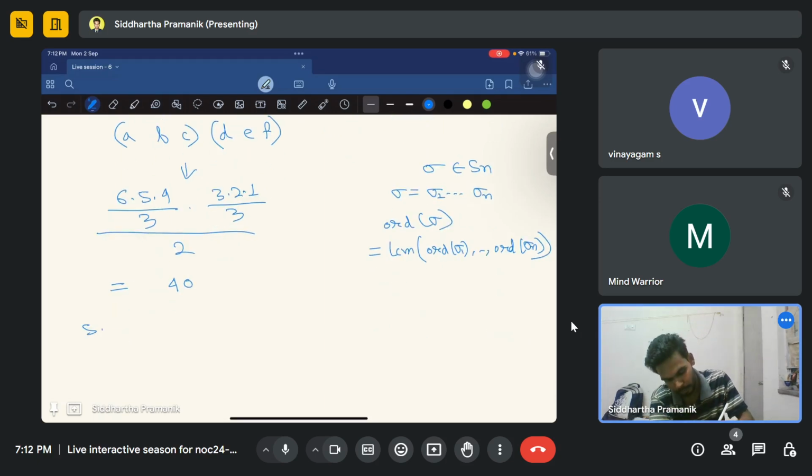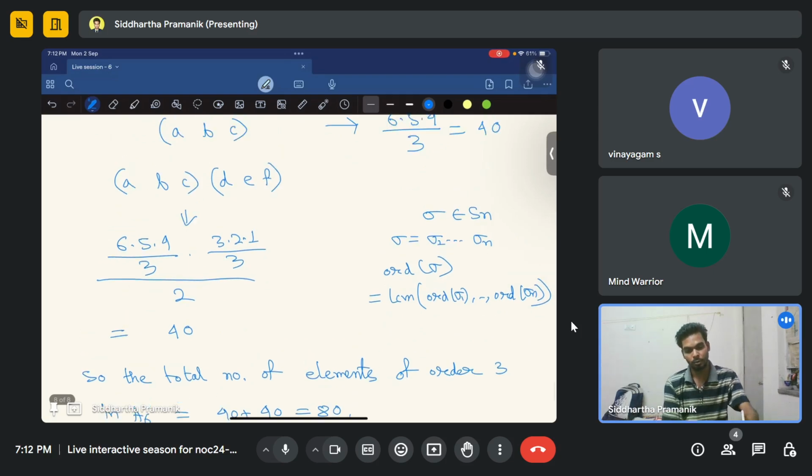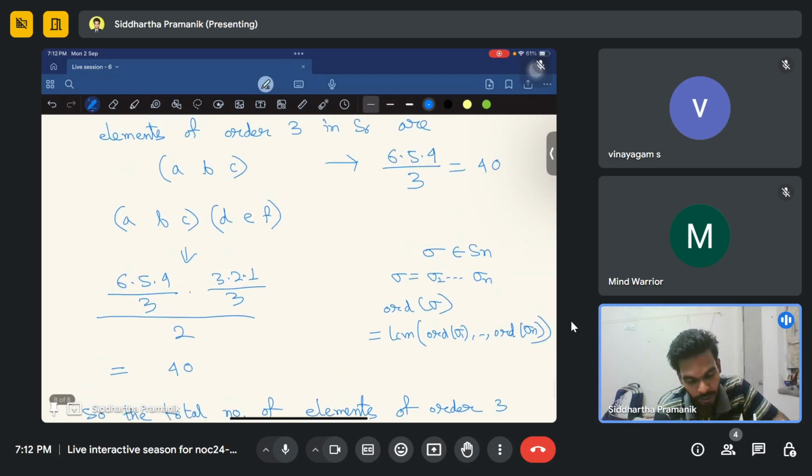So the total number of elements of order 3 in A6 is equal to 40 plus 40, which is 80. So is it okay? Do you have any doubt in this?